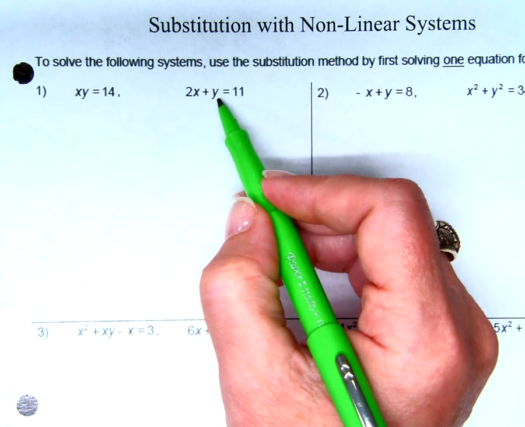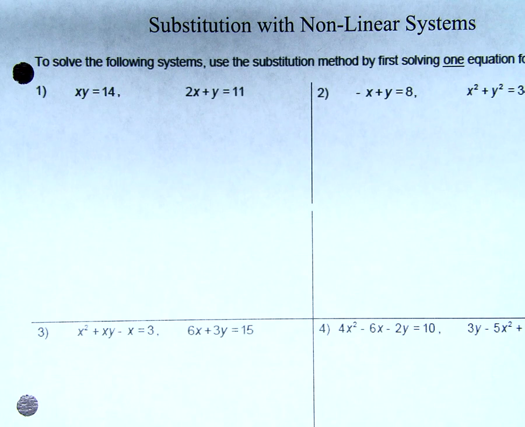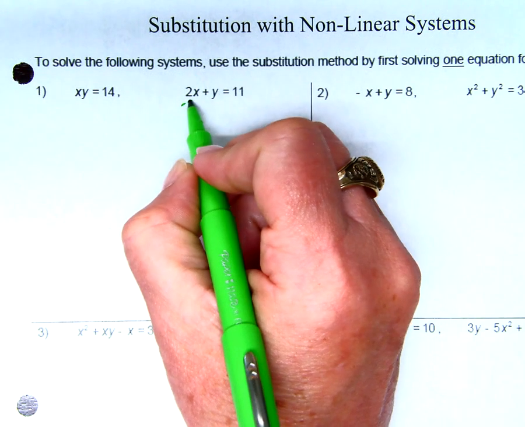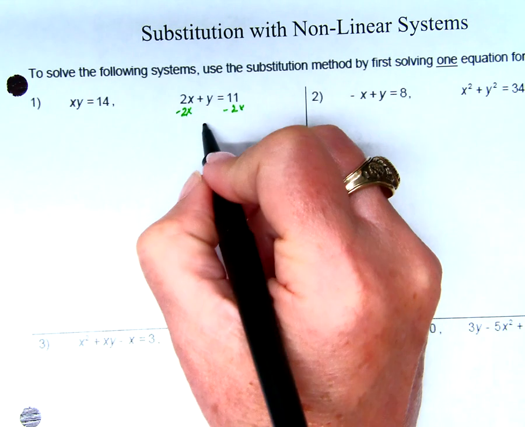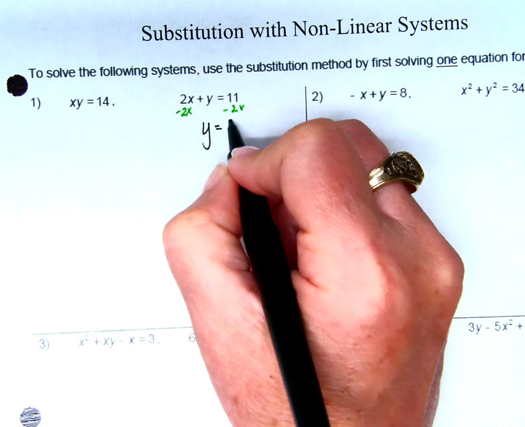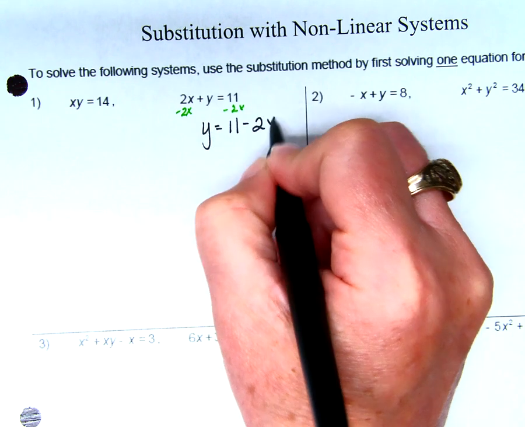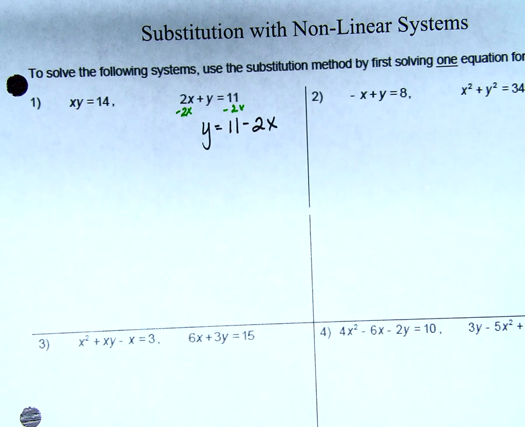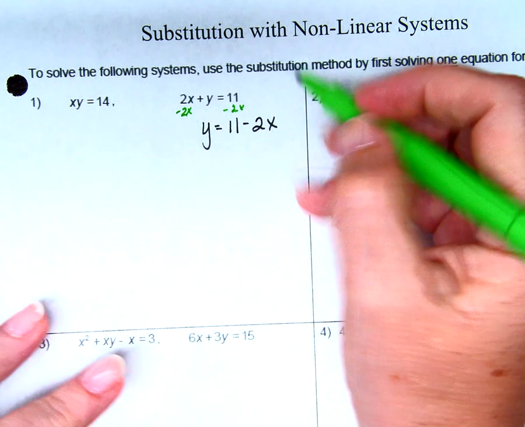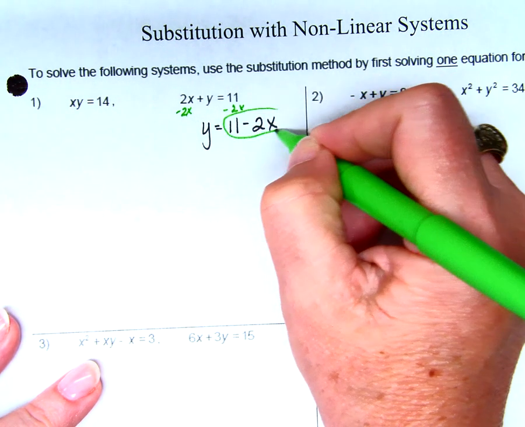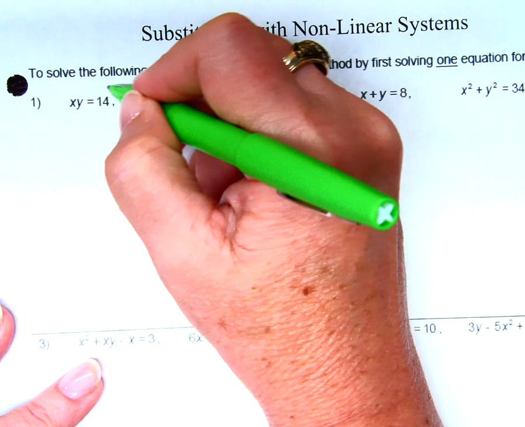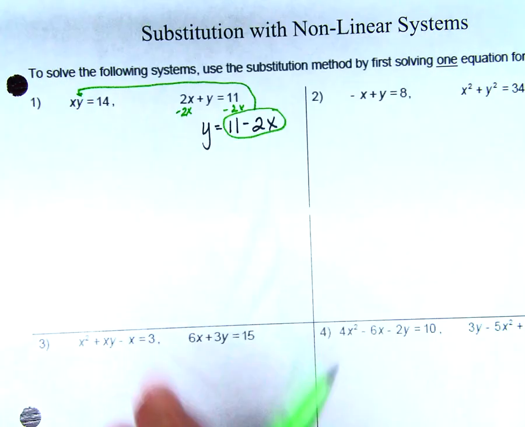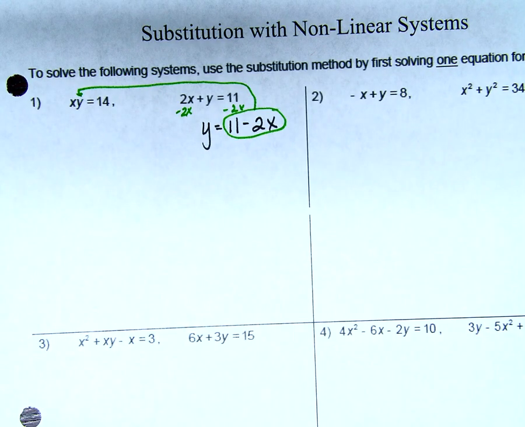So if we're solving for this y, what do I want to do first? If I subtract 2x from both sides, I get y equals 11 minus 2x. Yes? Well, what am I going to do with that 11 minus 2x? In the other equation, right? Exactly right.